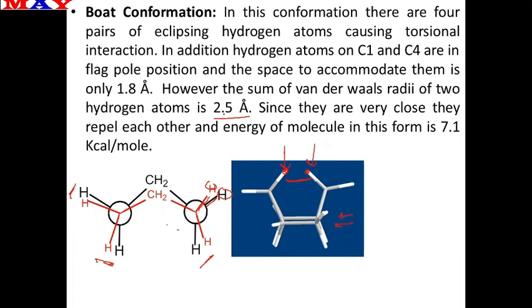But the available distance between them is 1.8, so obviously there will be repulsion between the atoms and they will repel each other and the energy of the molecule increases. So the torsional interaction and flagpole interaction increase the energy of the molecule by 7.1 kilocalorie per mole.